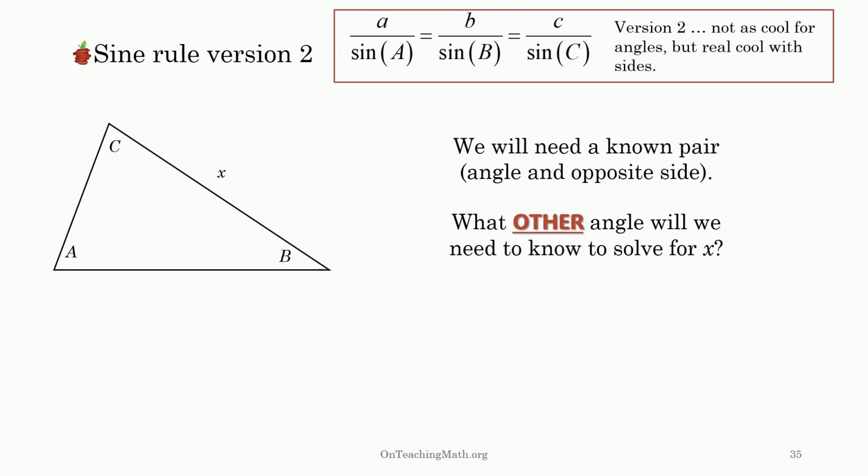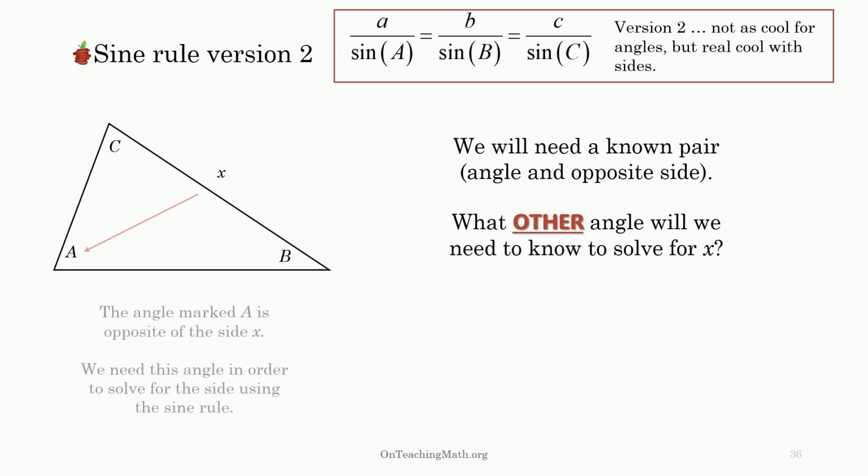All right. This triangle over here, let's say we have side x. We need to know the opposite side. So what's opposite of x? Is it A, B, or C? Which side do we have to know in order to figure that out? Well, the opposite of this side is this angle.